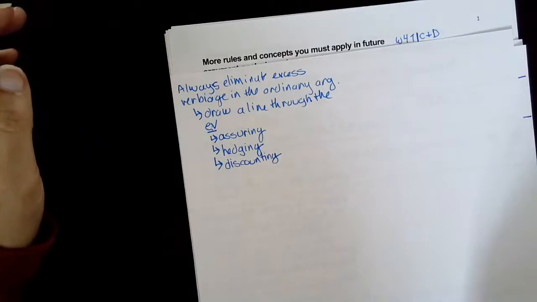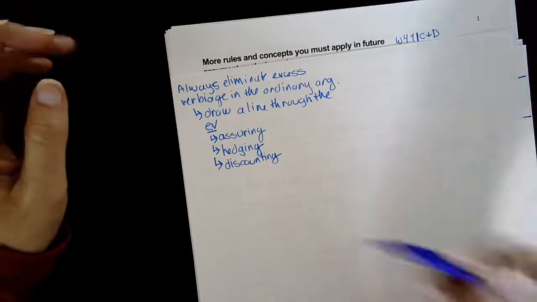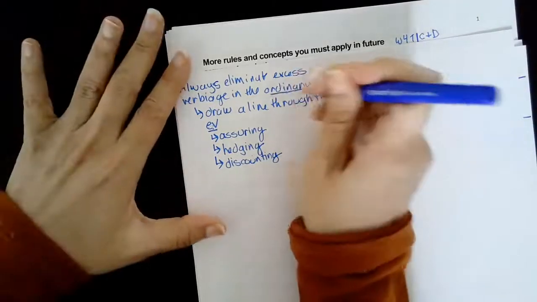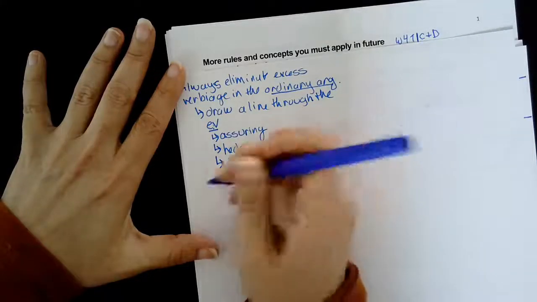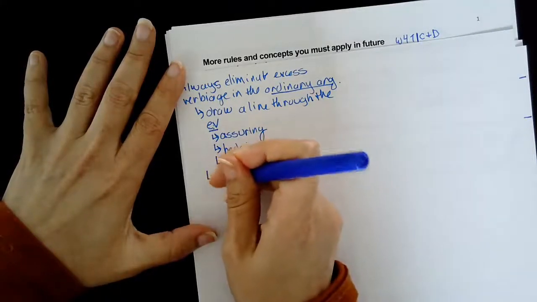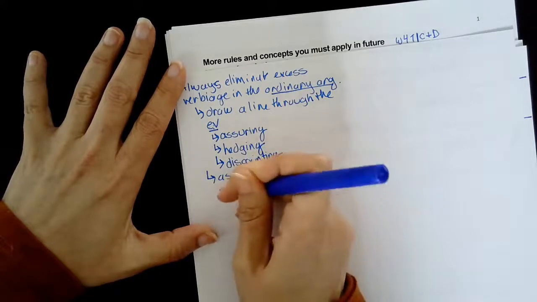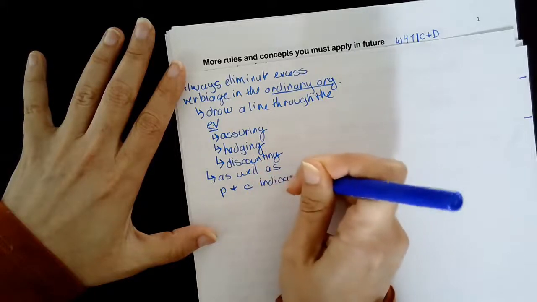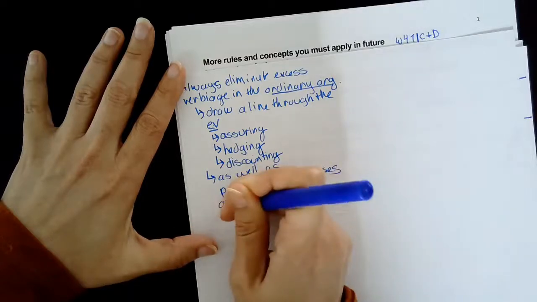In addition to drawing a line through this kind of excess verbiage in the original arguments, and notice that I said in the ordinary argument, we will add some new ones. So we're going to put as well as premise and conclusion indicator phrases and statements.